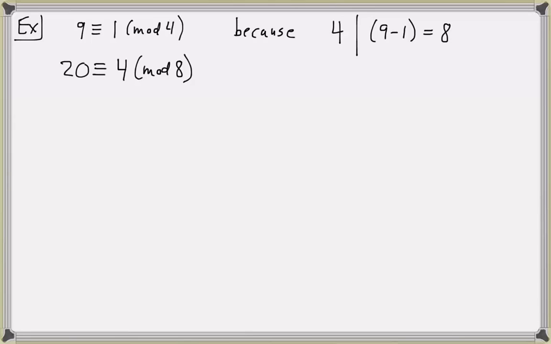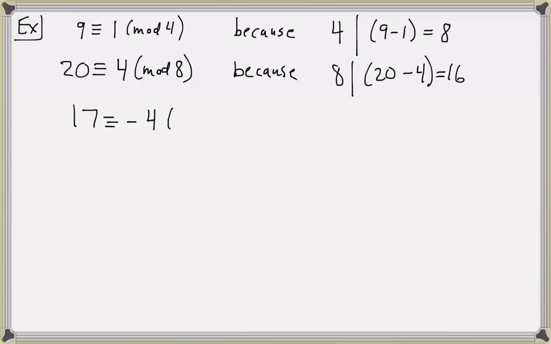You can think of this as 20 is 4 more than a multiple of 8, or by definition, 8 divides 20 minus 4, which is 16. 17 is congruent to negative 4 mod 3. Why? Because 3 divides 17 minus negative 4, which is 21.